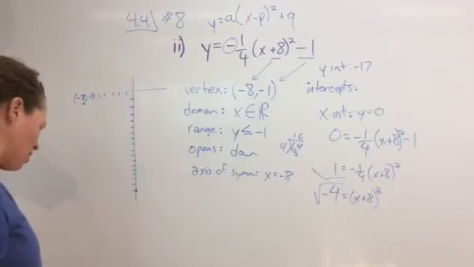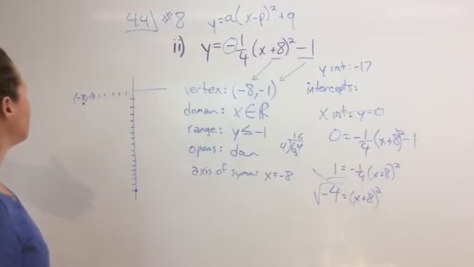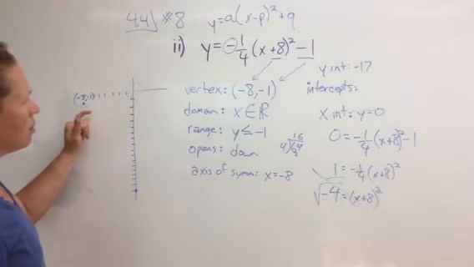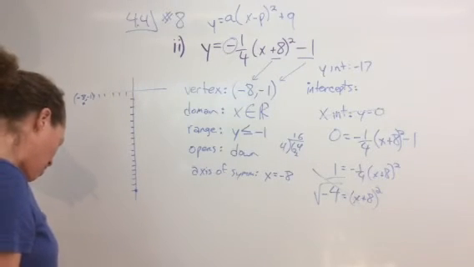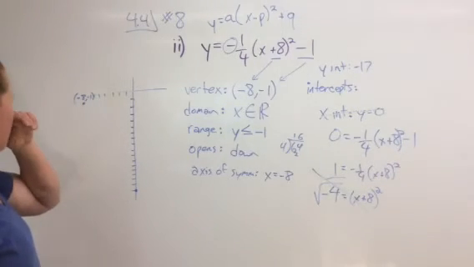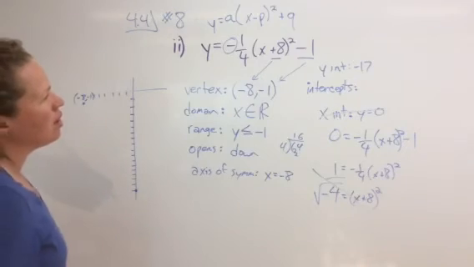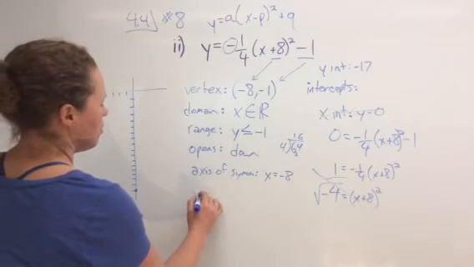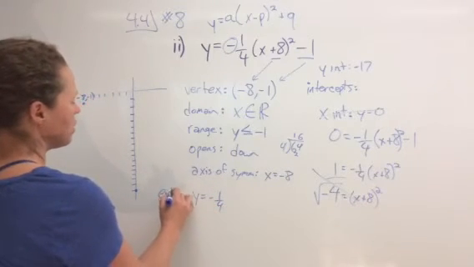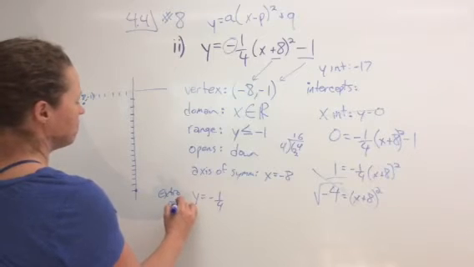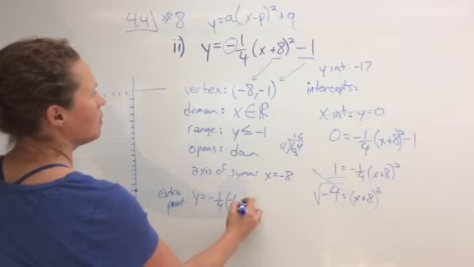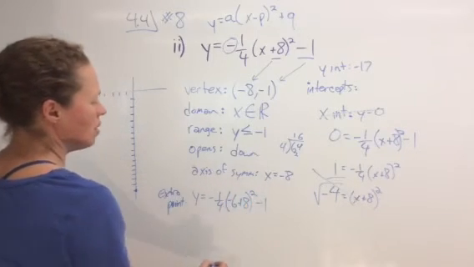So if I were to throw in, well, I don't know, it doesn't really matter, but maybe a -6. y equals -1/4 (-6 plus 8) squared minus 1.